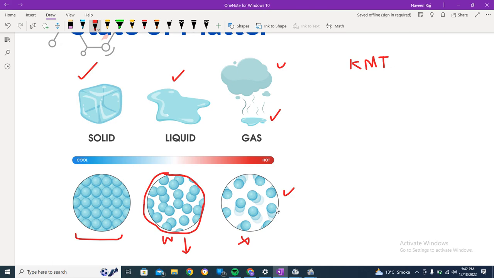Gas molecules can go up in the sky and then come back, with temperature high and low. This process continues throughout the sky and the land. But liquid molecules are restricted. You cannot say that you flow the water and the water goes 100 kilometers apart from the place you threw it. But gases can flow, of course. So this is where the difference comes. I do hope that you've got the concept.